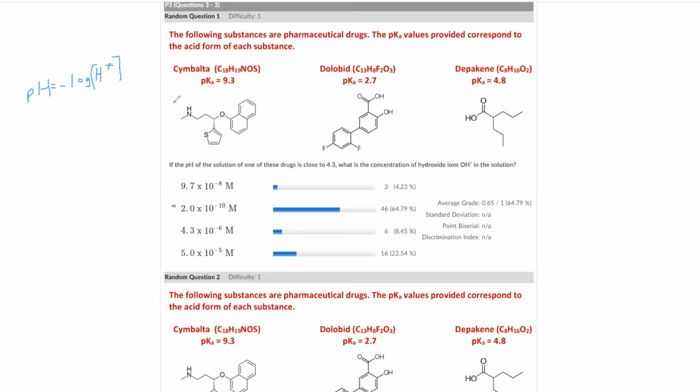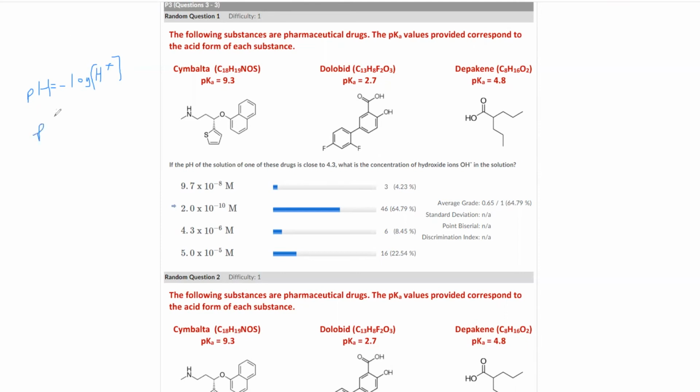But what they're asking is not the H plus concentration, but the OH minus concentration. There are two ways of doing this. You can first find the H plus concentration and then use that to find the OH minus concentration, or you can find pOH and then convert that to OH minus concentration.